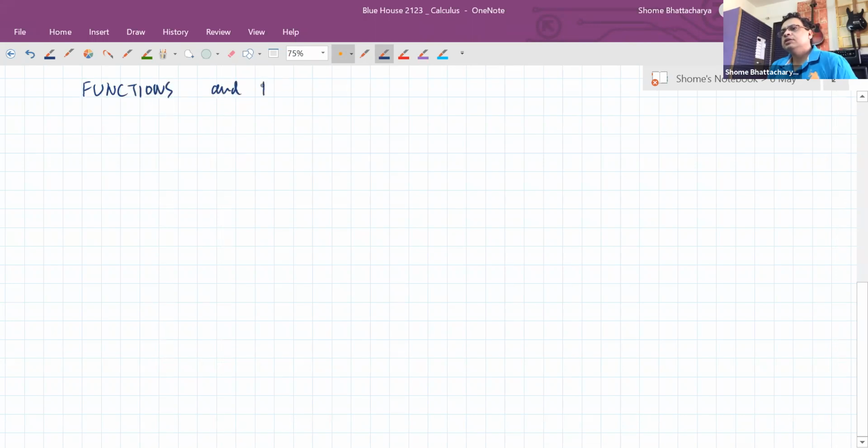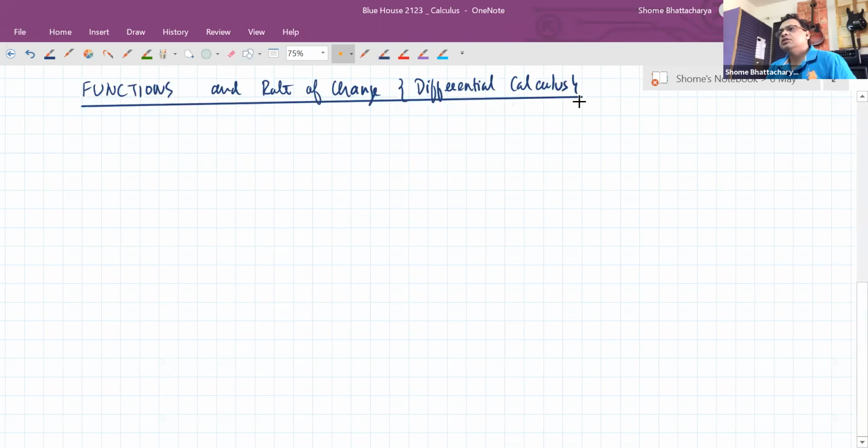And through that, we will study rate of change in more detail, which will be about differential calculus. So what we'll understand is that calculus has two parts, and the first is differential calculus, which has to do with the concept of rate of change.